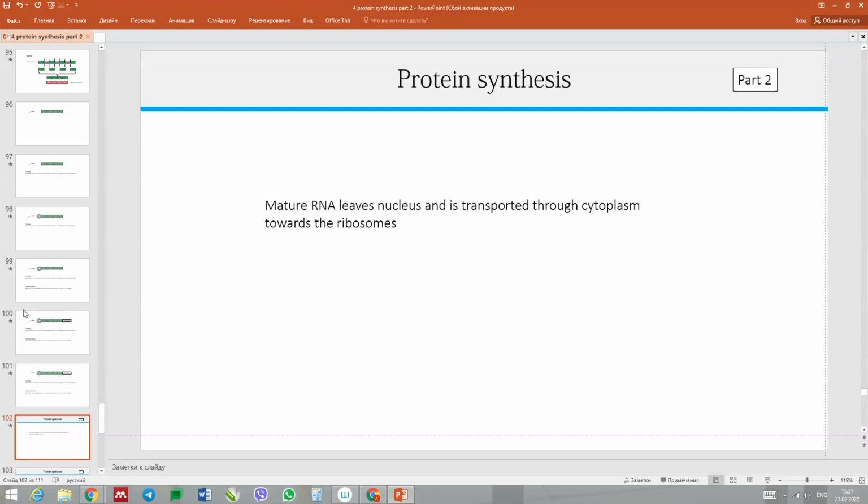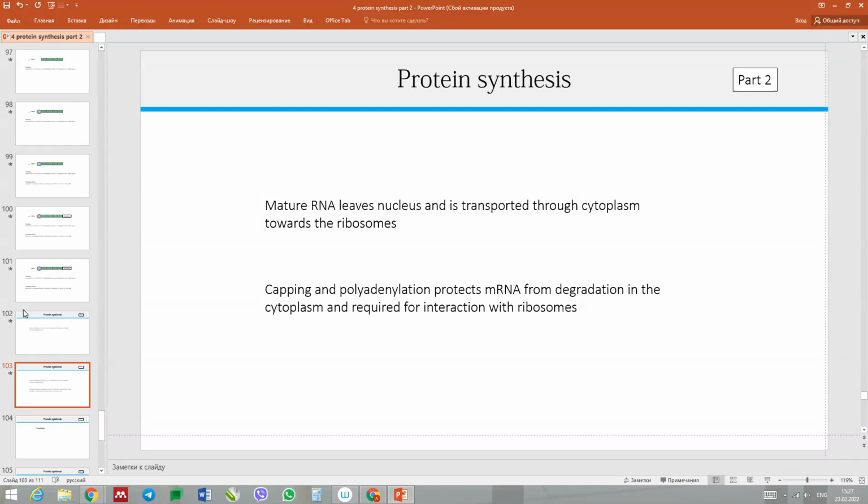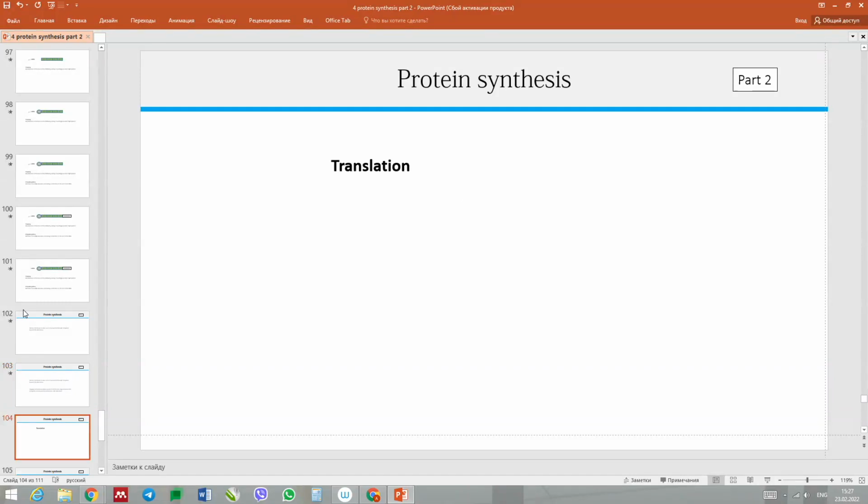Mature RNA leaves the nucleus and is transported through the cytoplasm towards the ribosomes. Capping with polyadenylation protects messenger RNA from degradation in the cytoplasm. And now we are ready to start the next step that is called translation.